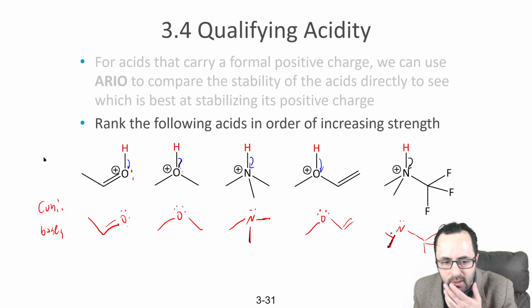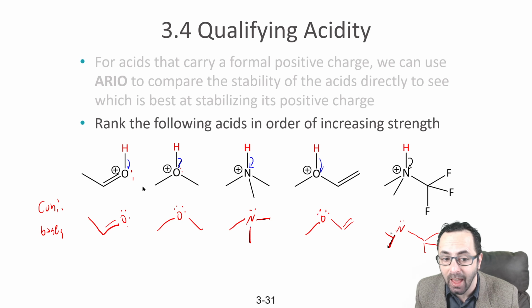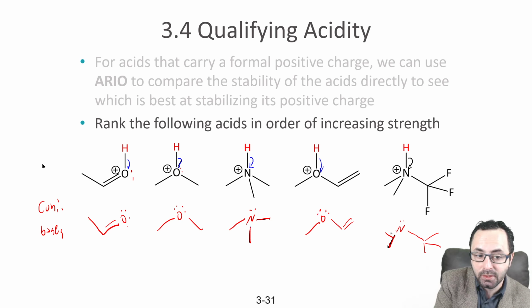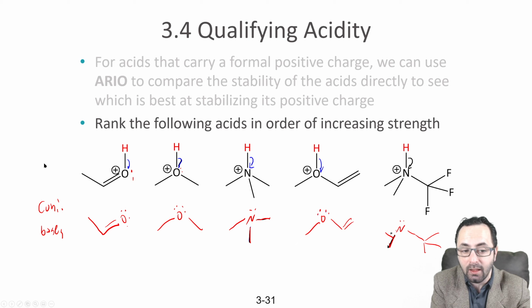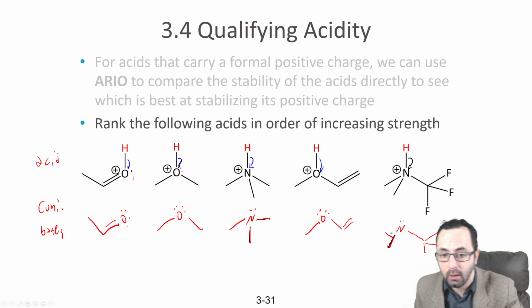So now let's compare. So really, we're going to compare the relative stability of these ions here. And again, in this case, what we're saying is that the acid here, if it's stable, it's going to be less acidic because it's stable just the way it is, right?